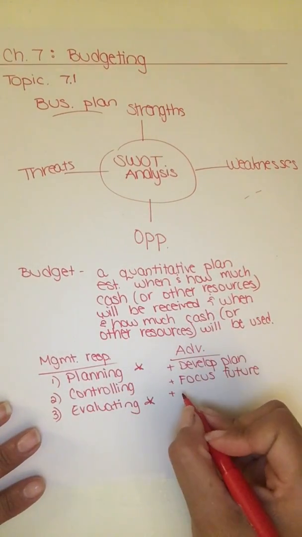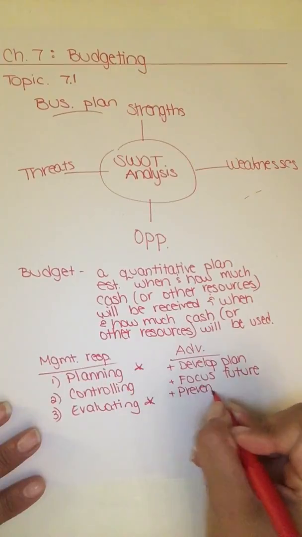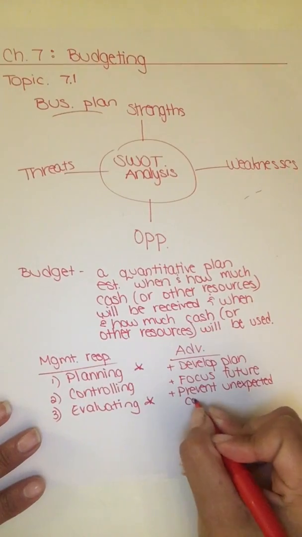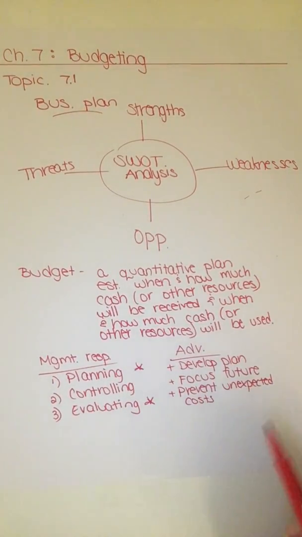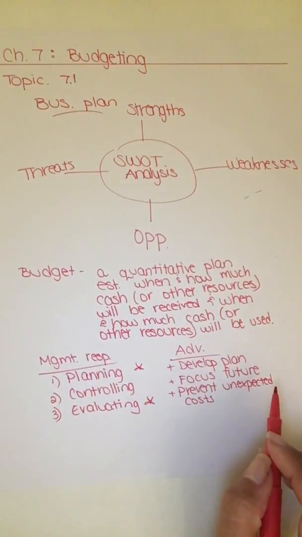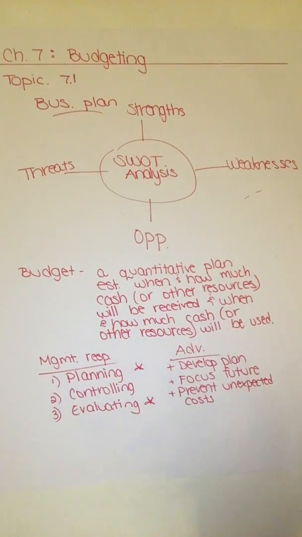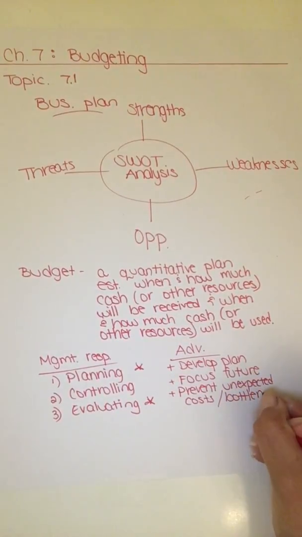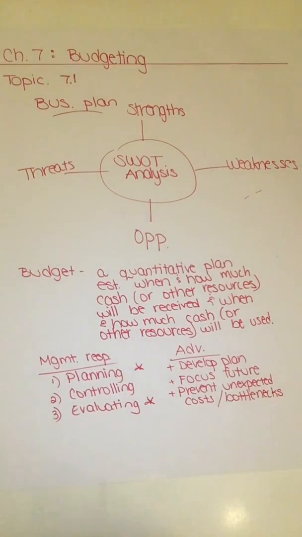It's also going to help prevent unexpected costs, right? So if we can focus on the future and we see, oh, in the future, we're going to experience a downturn in our demand, or our supplier is going to have a tough time getting us what we need. If we can look that far into the future and see those potential bottlenecks, then we can prevent unexpected costs, bottlenecks, problems, basically, right? So that's a big advantage.